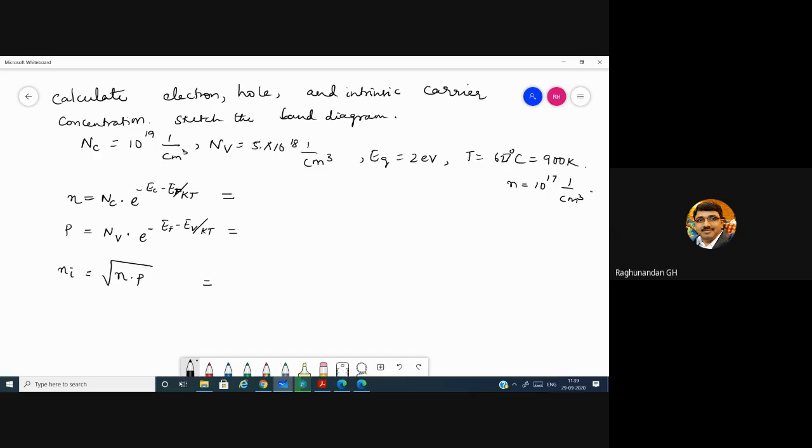So for that purpose, we have EC minus EF given as minus K into T, natural logarithm of N by NC. This is the formula we are having. And here Eg is equal to 2 electron volt. Can anyone tell me what is this Eg?